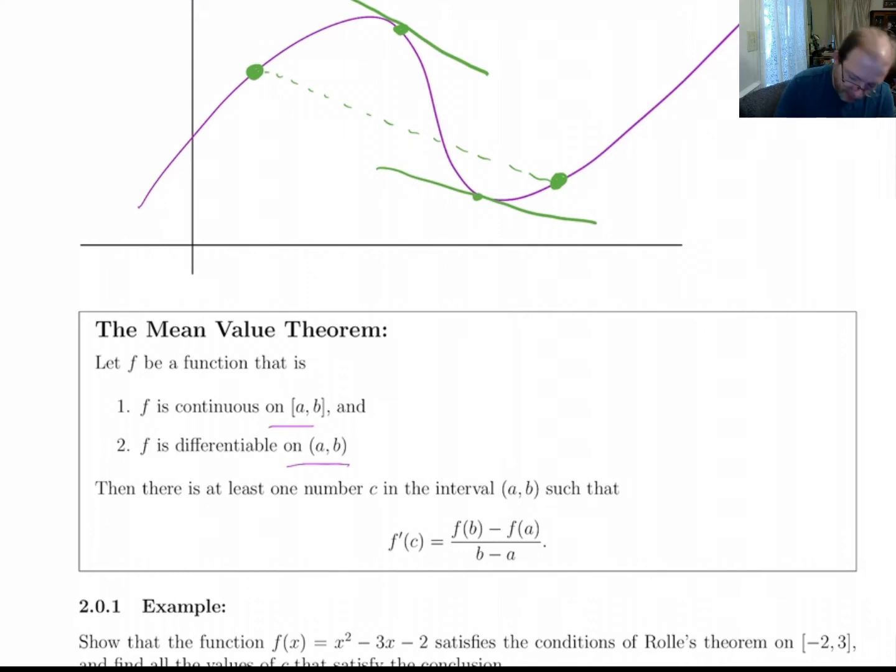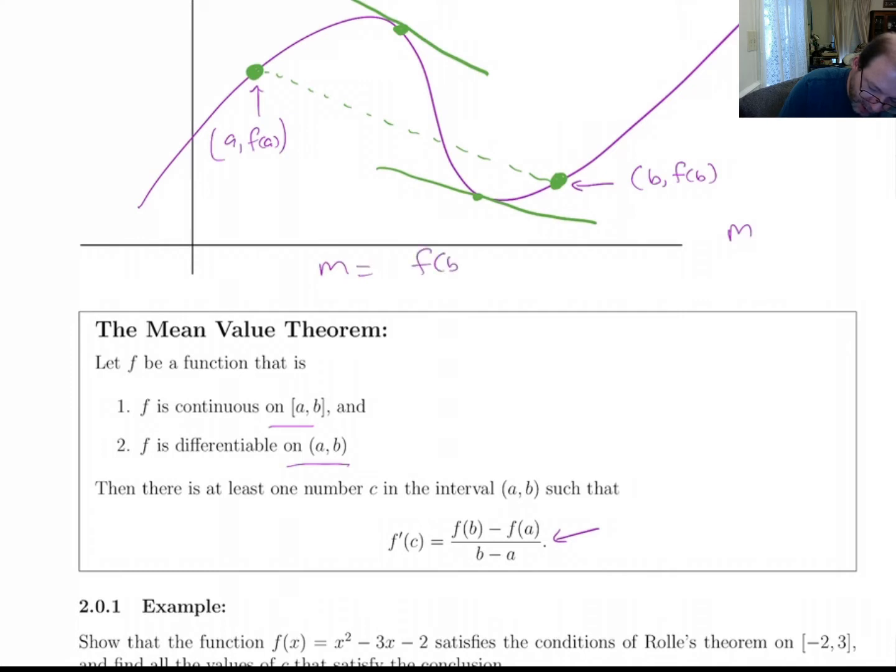This side over here is the slope of this dotted secant line, because this is the point b, f of b, and this up here is the point a, f of a. So if you work out its slope, it's going to be f of b minus f of a over b minus a.